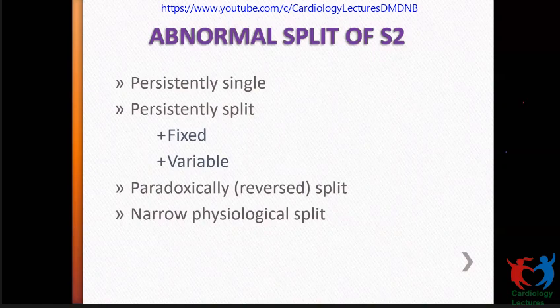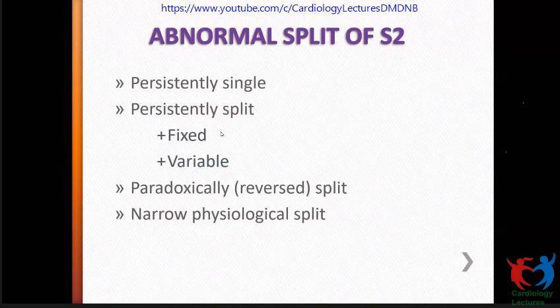So persistently single can happen, but it is usually a combination of A2 P2. That means it occurs in physiologies with a loud A2, where there are exceptional paradoxical splits, but it's more important in Eisenmengerization, like VSD Eisenmenger. These are the conditions where it is persistently single.